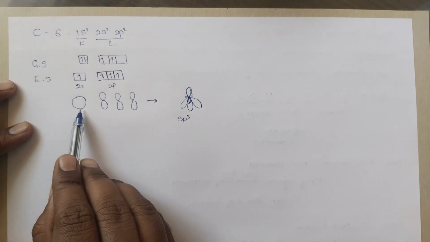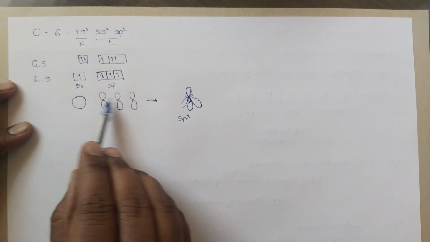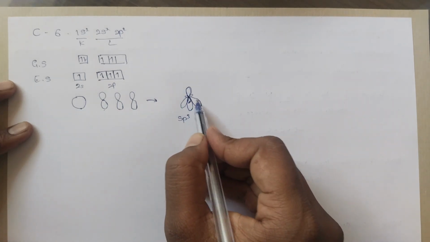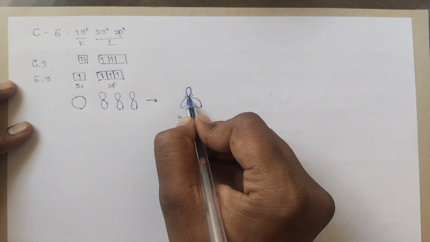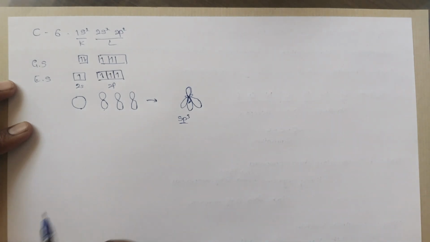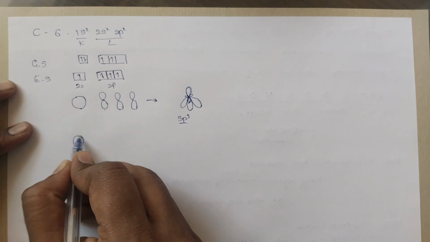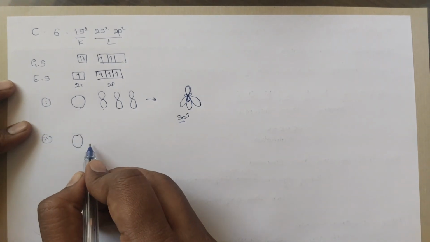Means 1s orbital and 3p orbitals combined together going to give the 4 sp3 orbitals. These orbitals are called as hybridized orbitals. This carbon is called as sp3 hybridized carbon. Okay, then similarly second case, this is first case, second case.